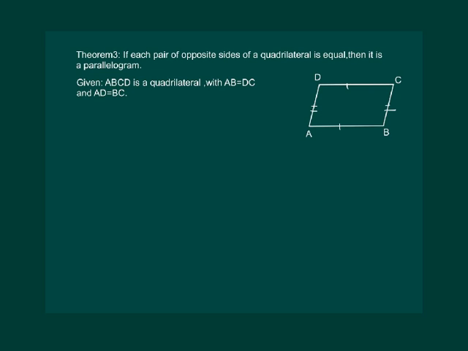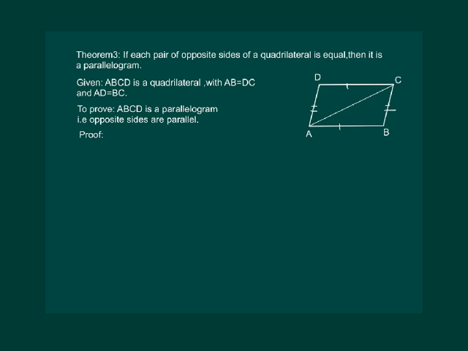So we are given a quadrilateral ABCD for which AB equal to DC and AD equal to BC. We are required to prove that ABCD is a parallelogram. That is, if we can prove that opposite sides are parallel, then ABCD will be a parallelogram.